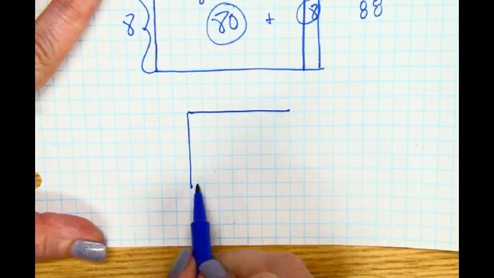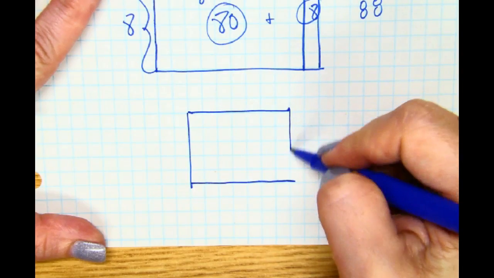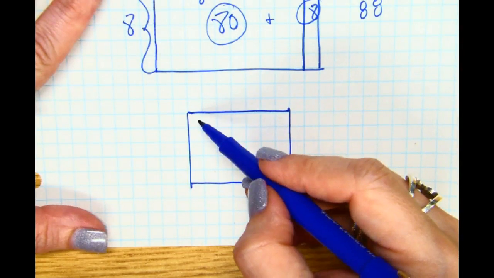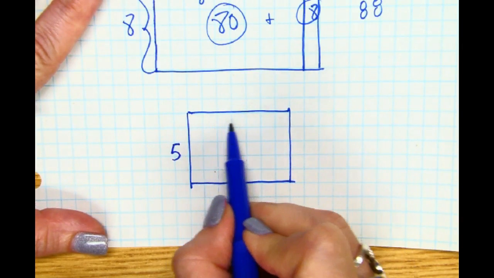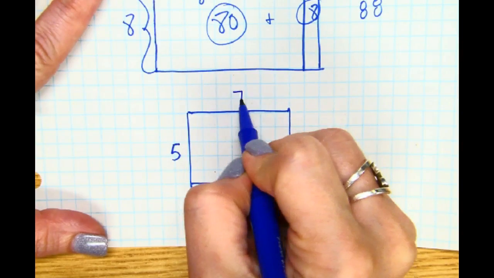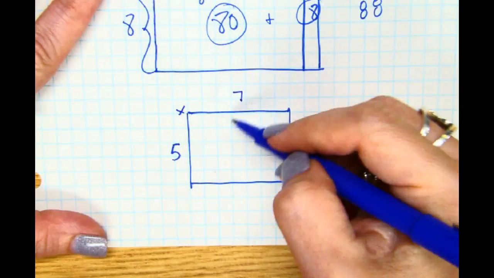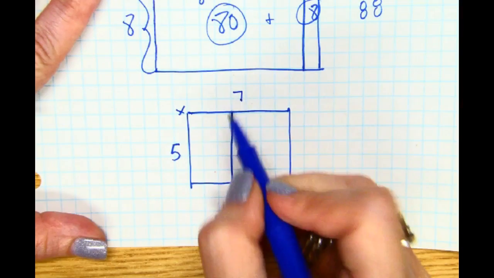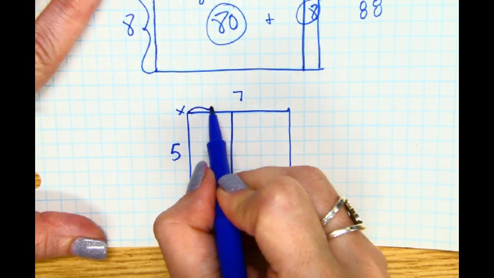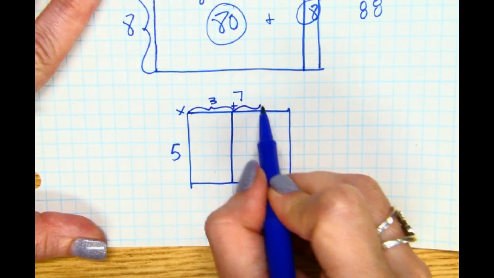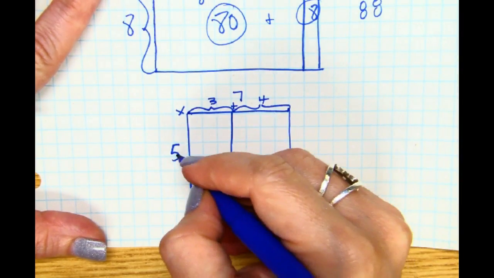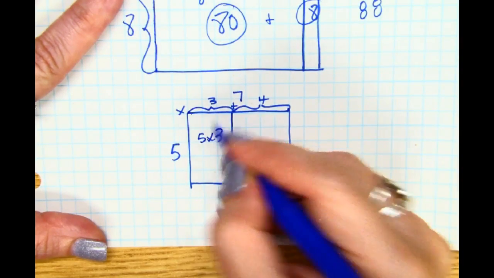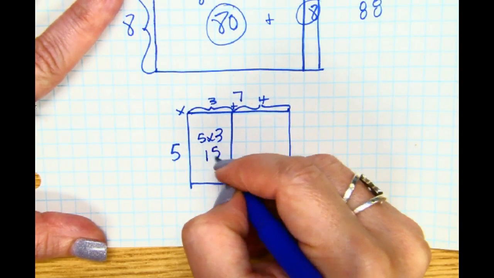Okay, let's go smaller. I just drew a random rectangle. Let's see what I came up with. 1, 2, 3, 4, 5. Let's do 5 times 1, 2, 3, 4, 5, 6, 7. 5 times 7. Let's just draw a random line. We know that 7 can be broken into 3 plus 4. Let's find out what's here. 5 times 3 is 15.